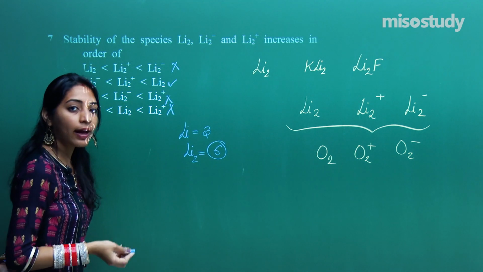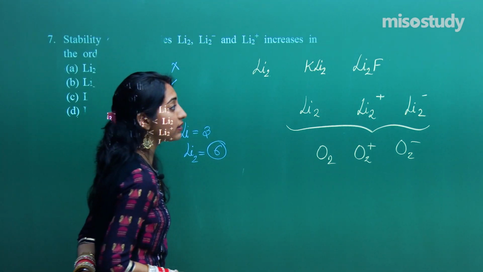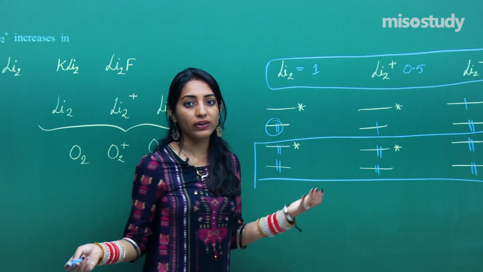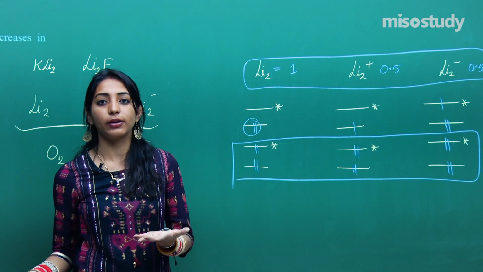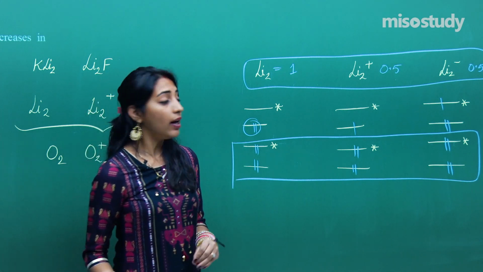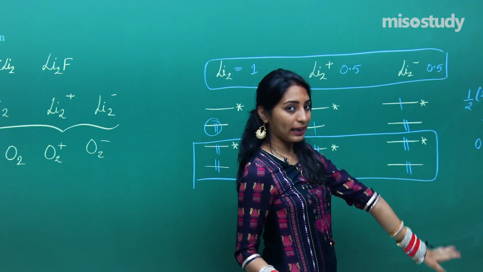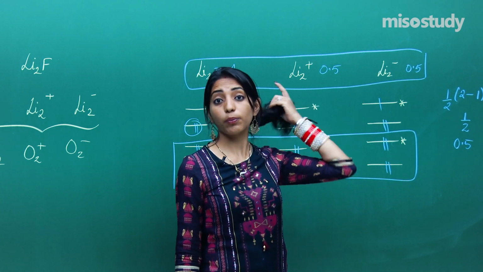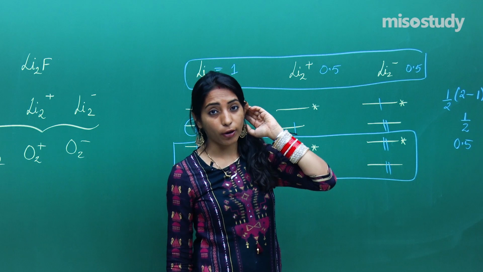But then how to do the comparison of Li2 plus and Li2 minus? Don't say that, ma'am, when the bond order is same, then both of them should be exactly equal stable, right? Please do not say that. Because when you are getting the bond order same, then you need to compare whether the last electron is found in bonding molecular orbital or anti-bonding.